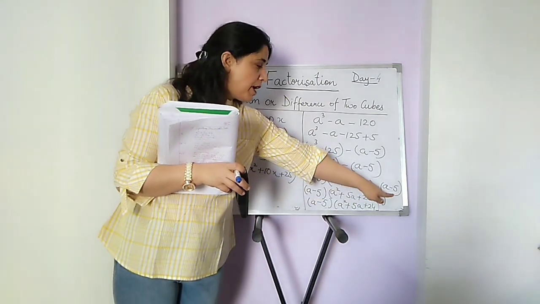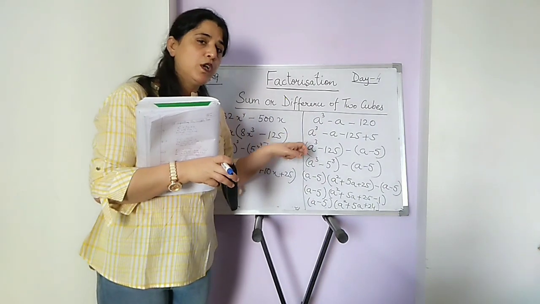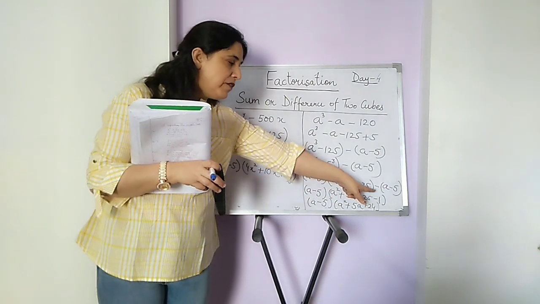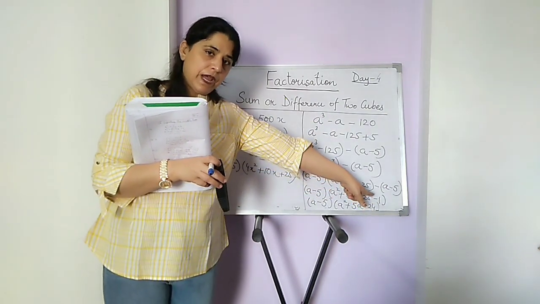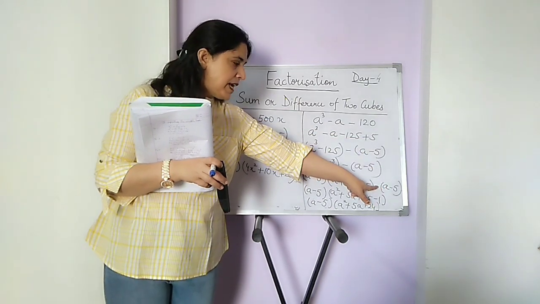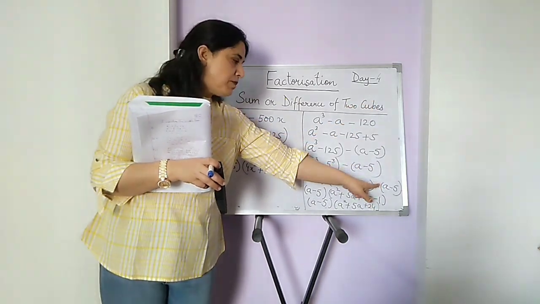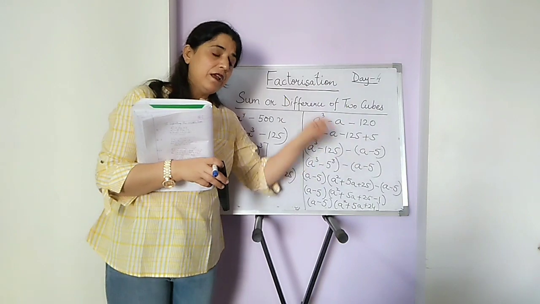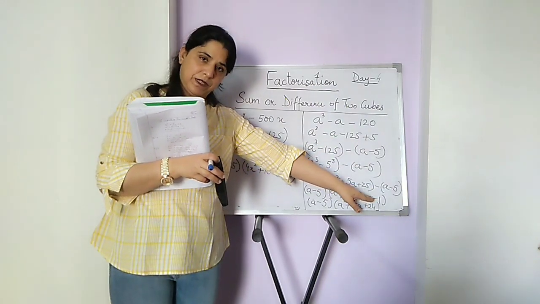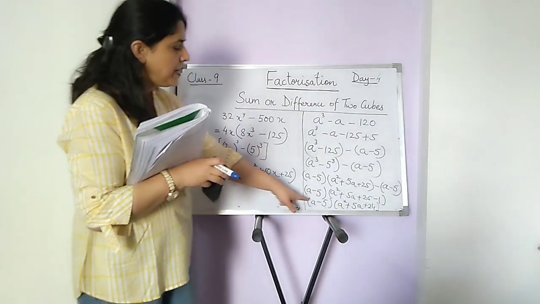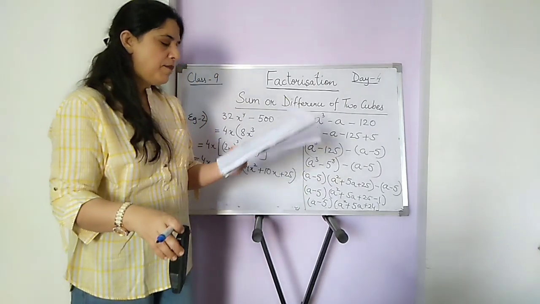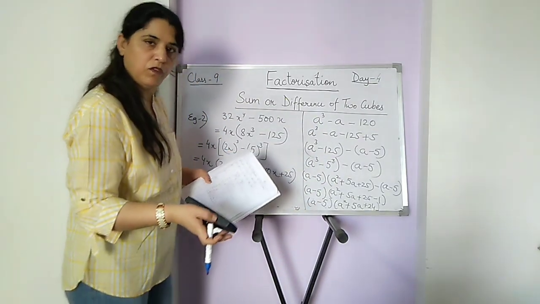And please don't forget that, don't see everything is out so there is no need to write. No, 1 will take that place, minus 1 or plus 1, whatever. If the sign is plus, then plus 1. If it is minus, then minus 1. That 1 will take that place, child. So you get a minus 5, a square plus 5a plus 24.